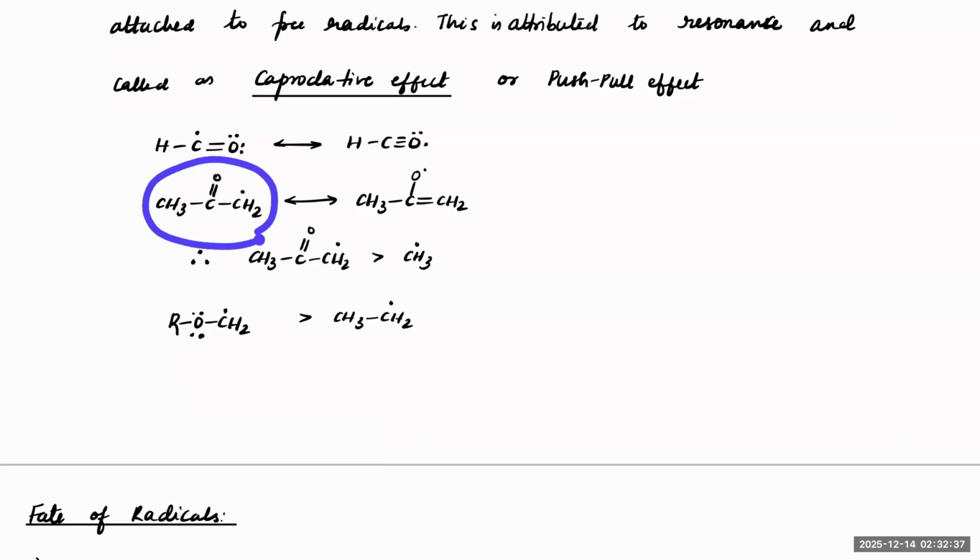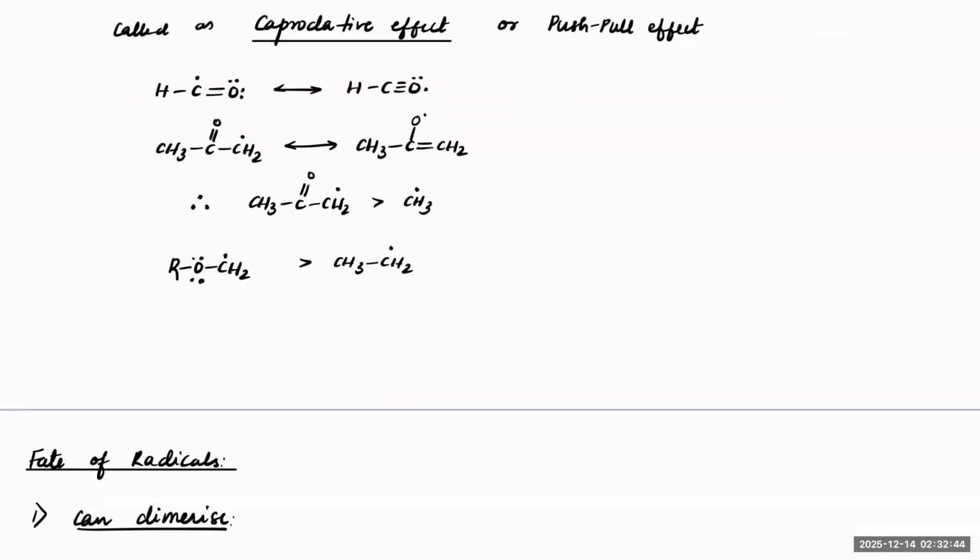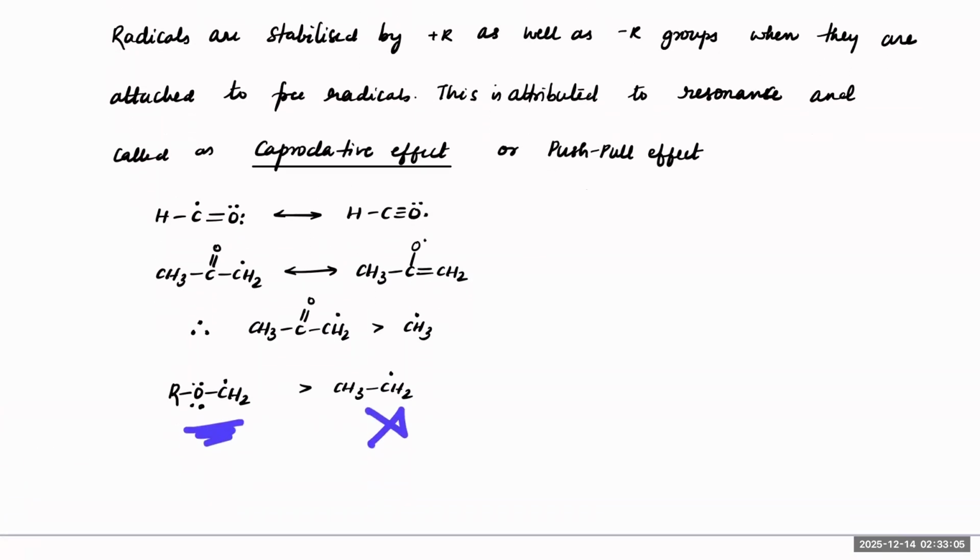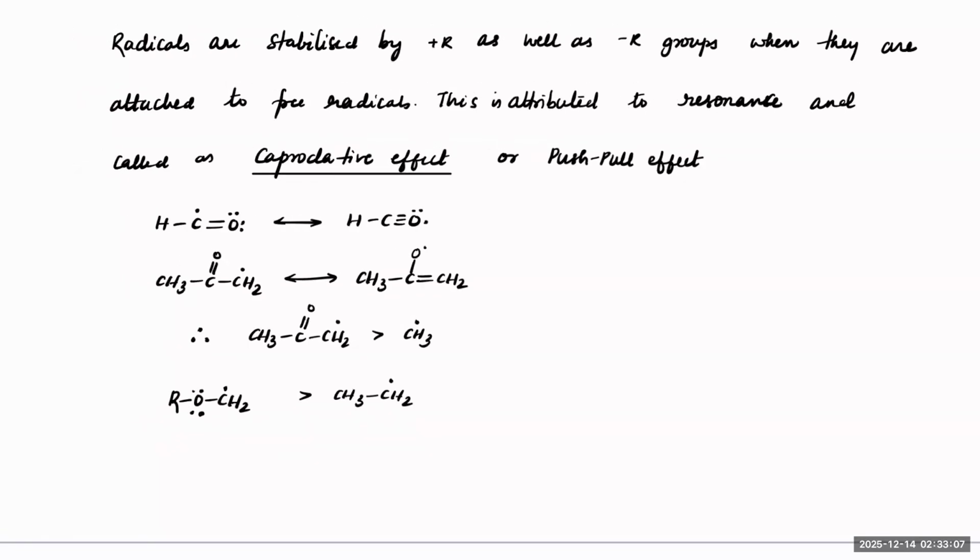If you have CH3C double bond CH2 dot, that will be the same as this one. Okay. Now, if it comes to these two compared, definitely you will see CH2 dot is slightly more stable than CH3 dot here. While here definitely it is the case where the octet is completed, here it is not happening. So these are a few examples you need to learn for how the radical stability is.